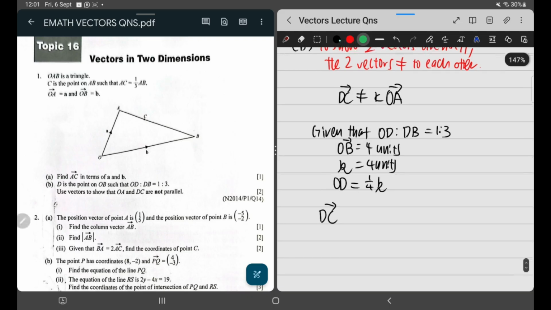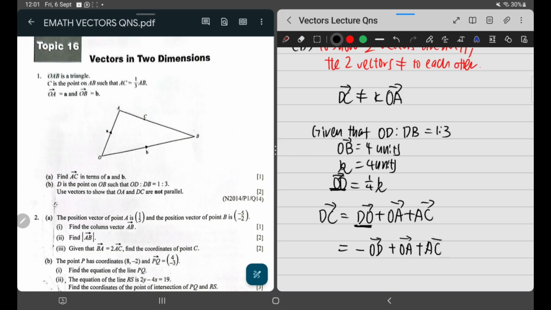But we have OD and we don't have DO. So we need to flip this. So it becomes negative OD plus OA plus AC.